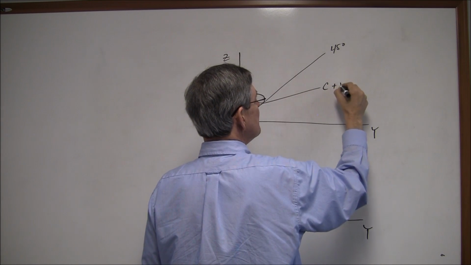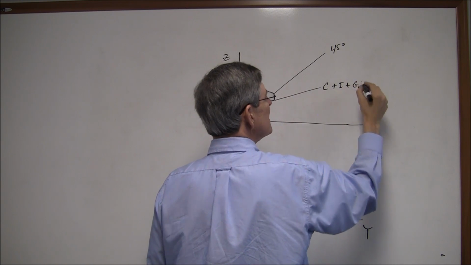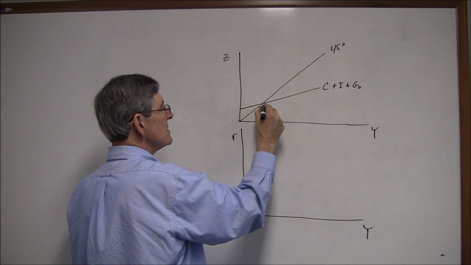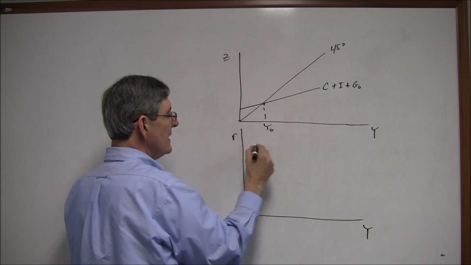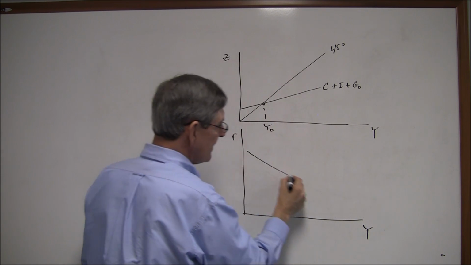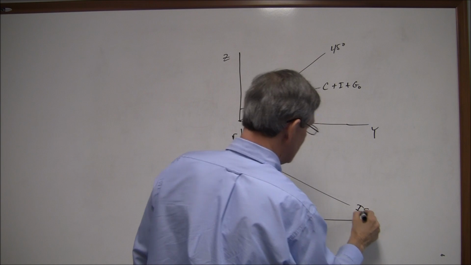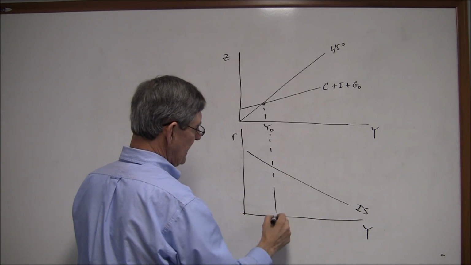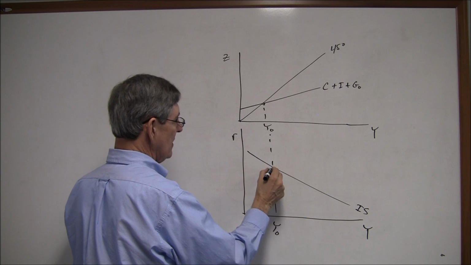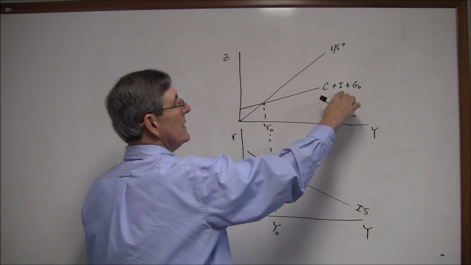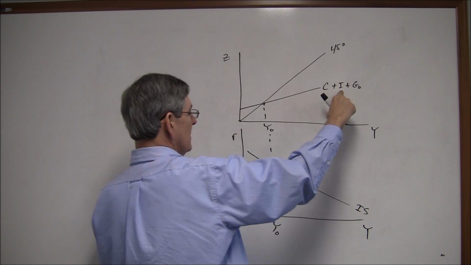So I'm going to call this C plus I plus G0. So here's Y0. Now let's assume we've already derived the IS curve, and let's just find this equilibrium point, which is Y0 and R0.